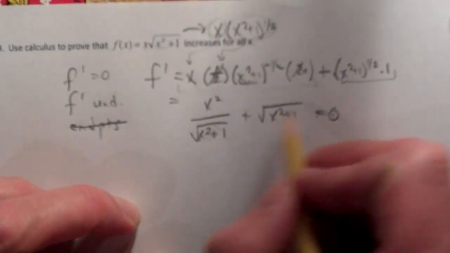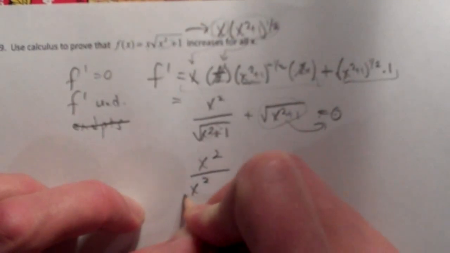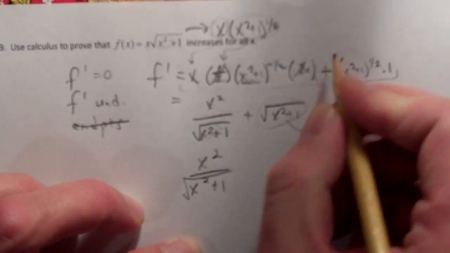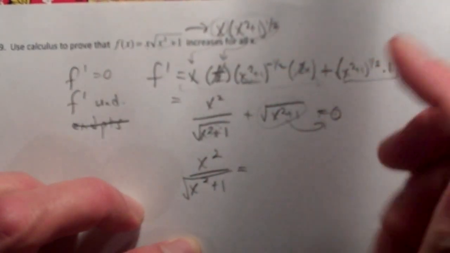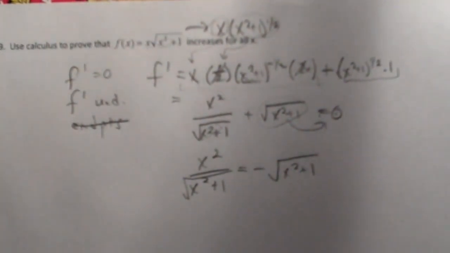I like to, if I've got two terms that are equal to 0, slide one of those terms over. So my first fraction is now going to equal, move that over, make it negative, the square root of x squared plus 1. We really have a lot more algebra than calculus going on now.